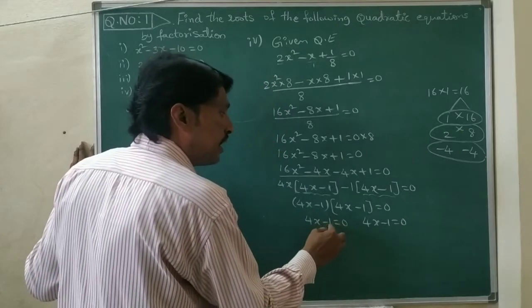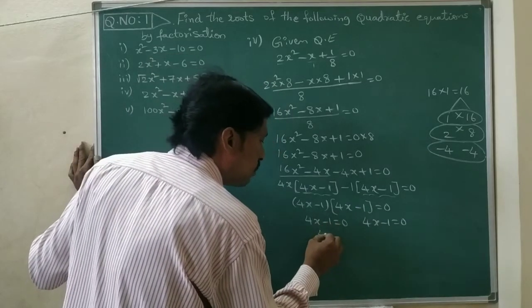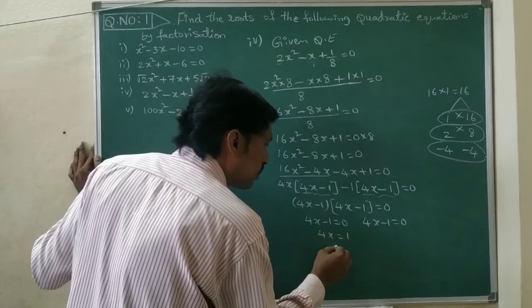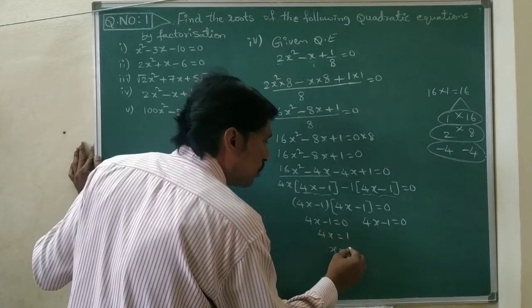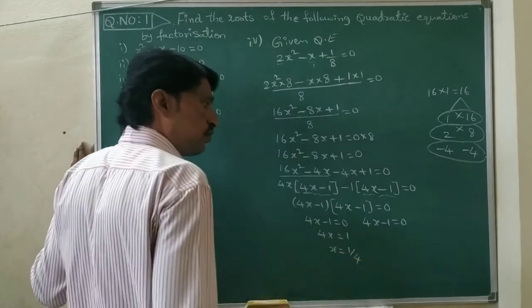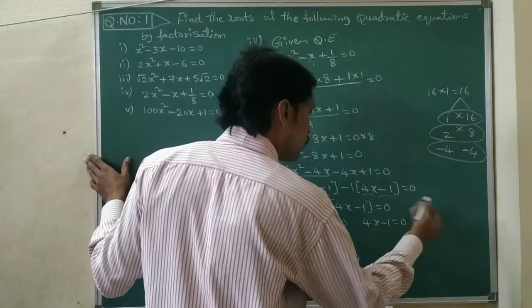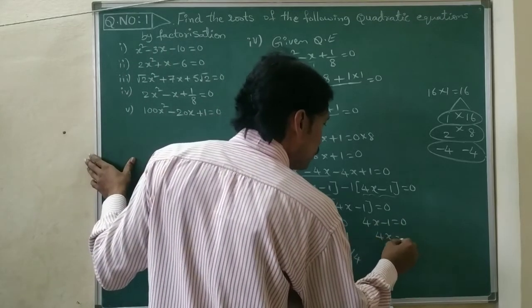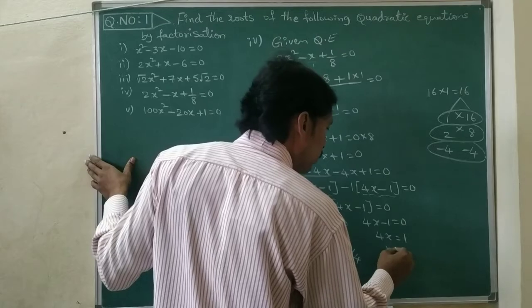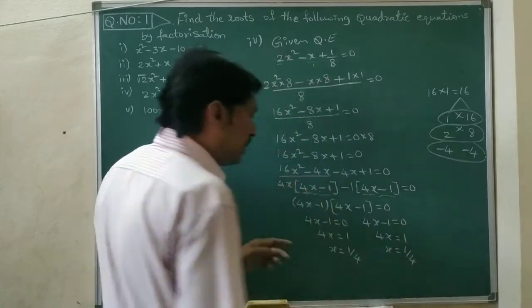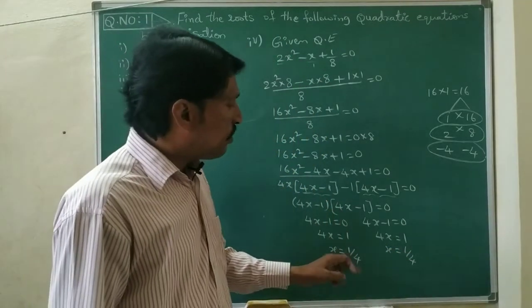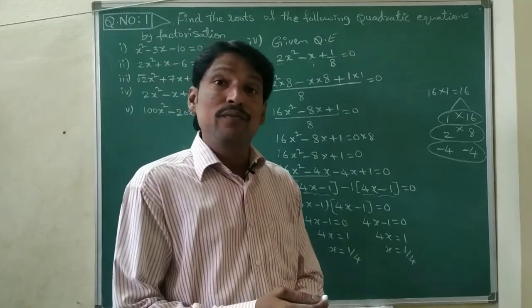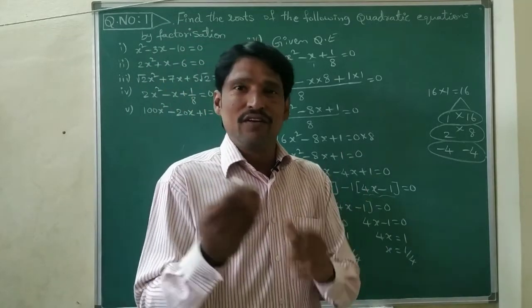This minus 1 you are transposing to the right. 4x equals 1. This 4 also I am transposing, so we get x equals 1 by 4. Here minus 1 also we can transpose, equals plus 1. X equals 1 by 4. Both we got it here; equal roots we got.